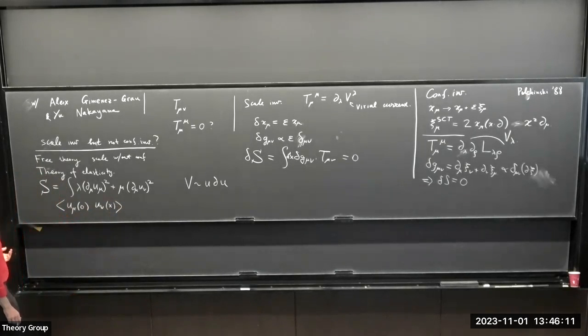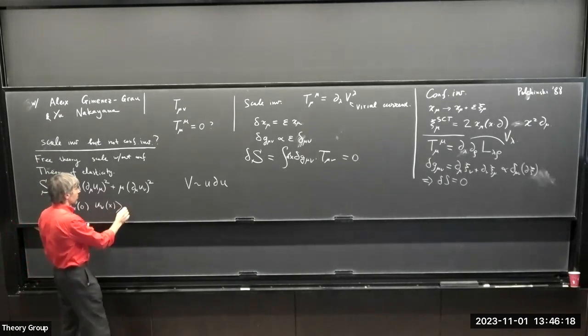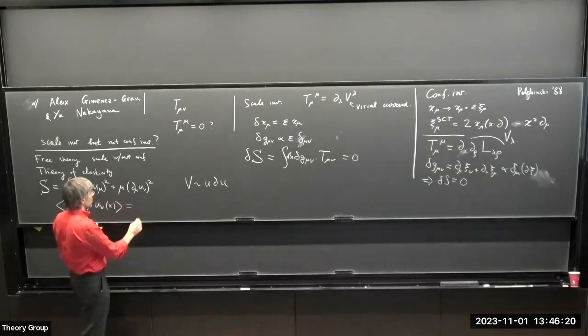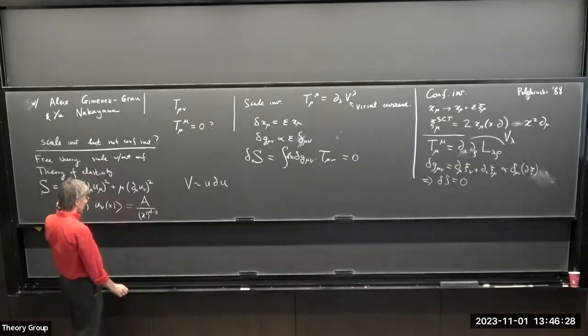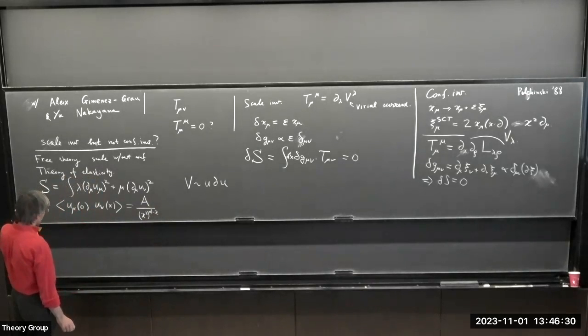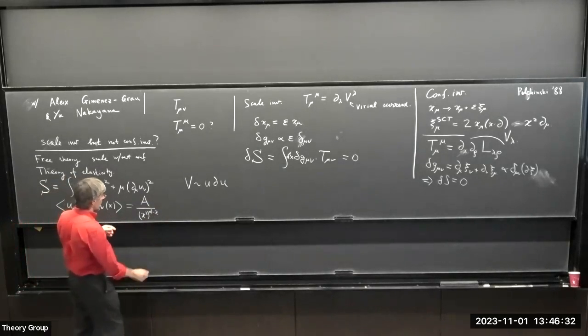You can do an explicit calculation, but without any calculation, just from rotation invariance, you know that this two-point function is going to have the form A divided by x squared to the power (d-2)/2, from dimensional analysis.